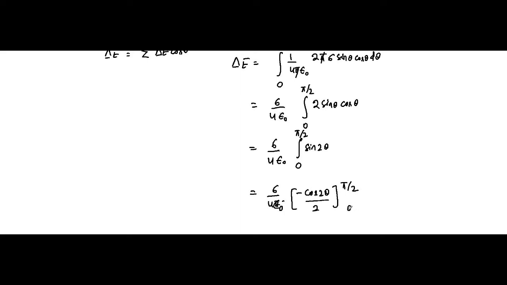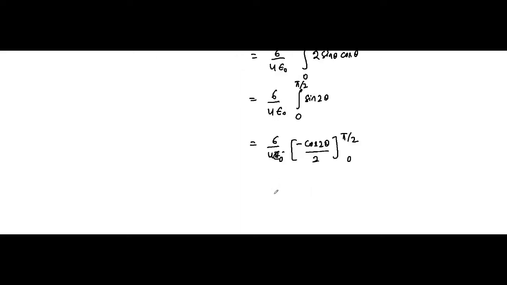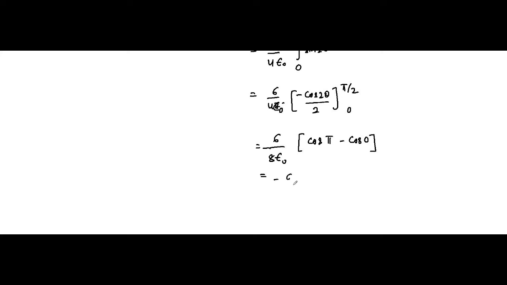Bringing the 2 outside, sigma by 8 epsilon 0, and taking the minus outside, it will be cos 2 times pi by 2, that is cos pi, minus cos 2 times 0, that is cos 0. That equals minus sigma by 8 epsilon 0 times minus 2, which is equal to sigma by 4 epsilon 0.